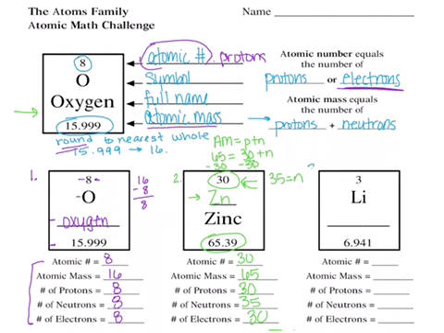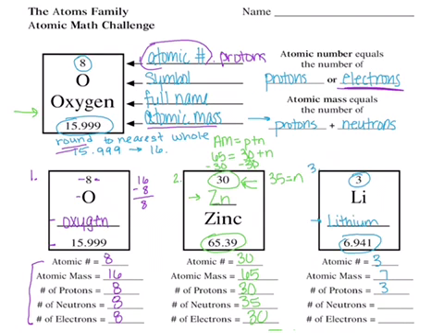Our last example over here is Li, and we have a blank for the full name. Li represents the element lithium. For the atomic number, we look for the whole number at the top, which is 3. Our atomic mass is the decimal, and in this case 6.941 will round to 7. Our number of protons is equal to our atomic number, which is 3.